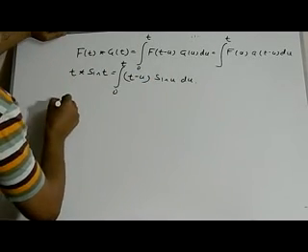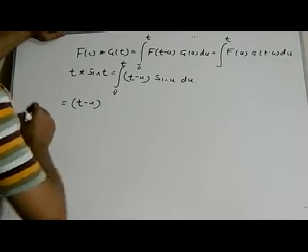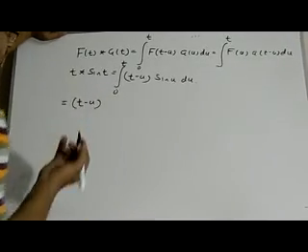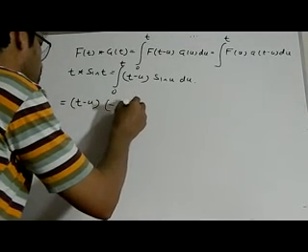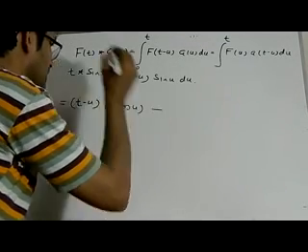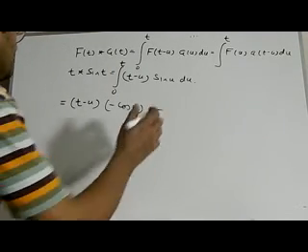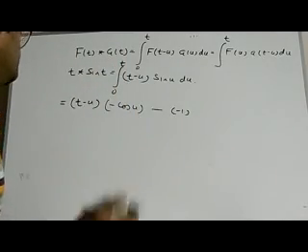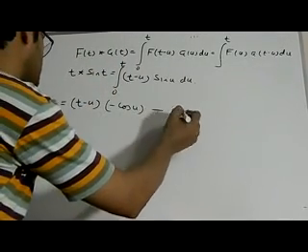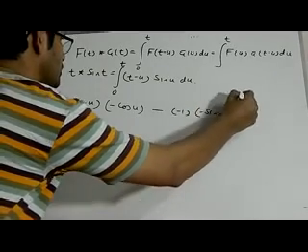Now integrating it by parts, what will I get? (t minus u) times minus cos u, minus, the derivative of t minus u with respect to u is minus 1, and the integral of sin u is minus cos u, so again it will be minus sin u, from 0 to t.